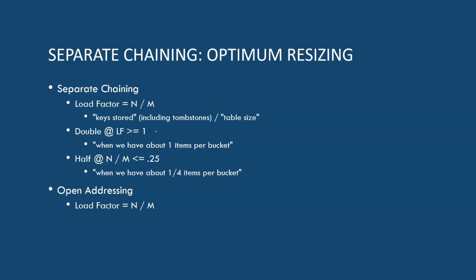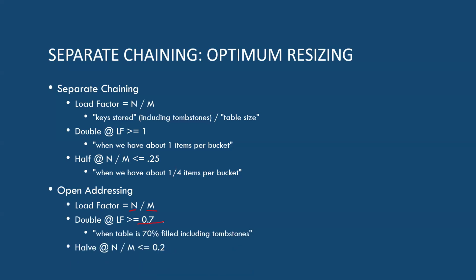In open addressing, it's a little trickier. Without going into all the detail about why, remember our load factor is still the number of keys over the table size. So it's the same definition for both of these. If we're greater than 0.7, that means we're at 70% full, and that's the time where we need to double the table size.